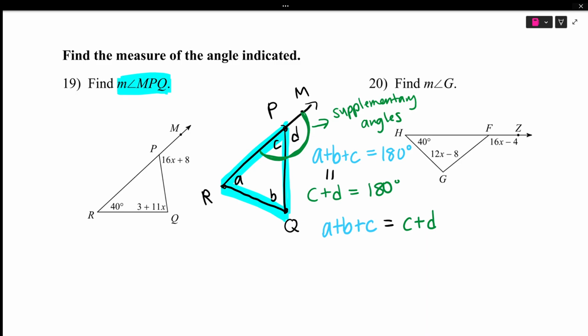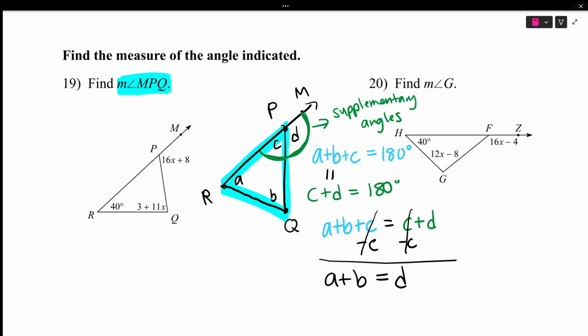Okay. So if we set those equations equal to each other, and then I take away C on both sides, because there's a C on both sides, let's see what happens. This was your extra credit question. If you did these steps, you could have gotten your extra credit. I think like 3 people got it. Then you get A plus B is equal to D, right?